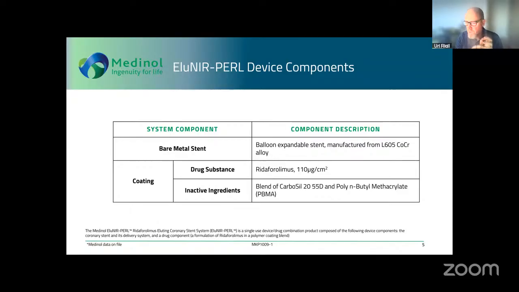The drug that we use is ridaforolimus. It's a limus analog. And we have a unique coating, which we call an elastomeric coating, that blends 2 components, the carboxyl and the PBMA that is used in other stents as well.